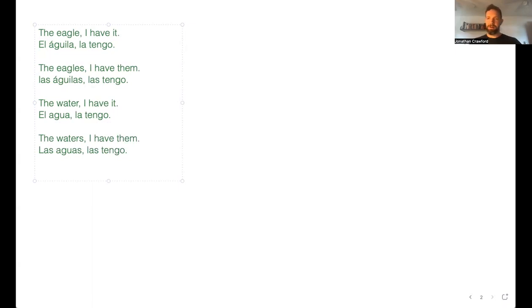It has to match in number and gender. What if I say, I have the blue waters? Las aguas azules, las tengo. Yo tengo las aguas azules. Yo tengo las aguas amarillas. Quizá sería mejor no tomarlas. No debemos tomar agua amarilla. ¿Verdad? ¿Verdad que no?